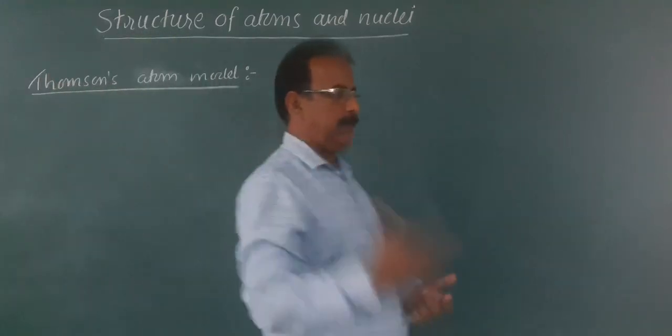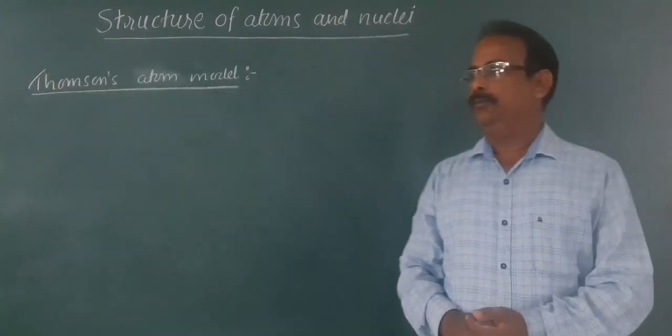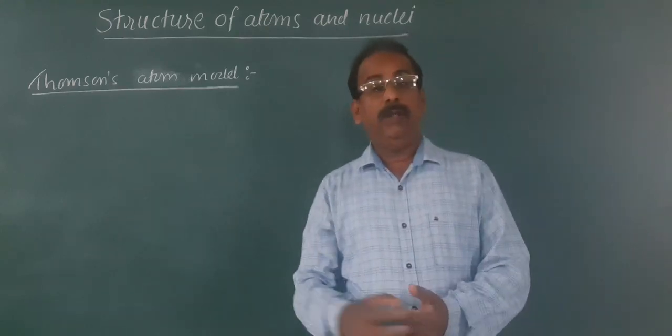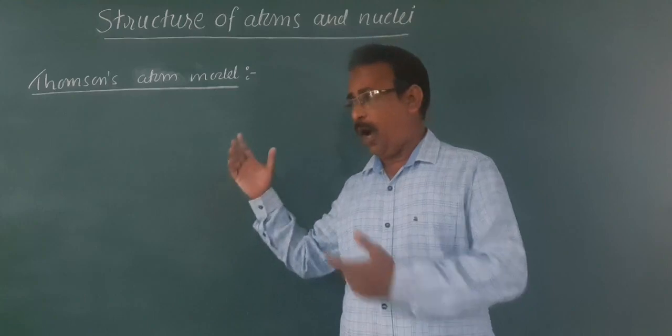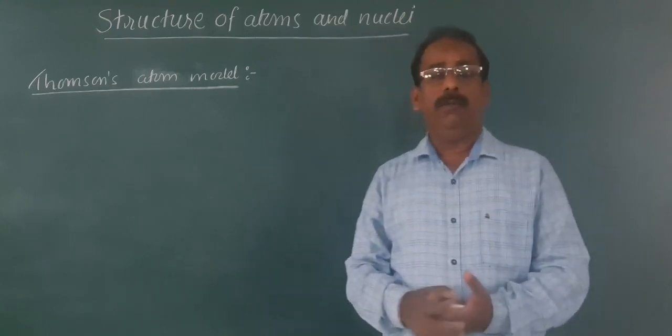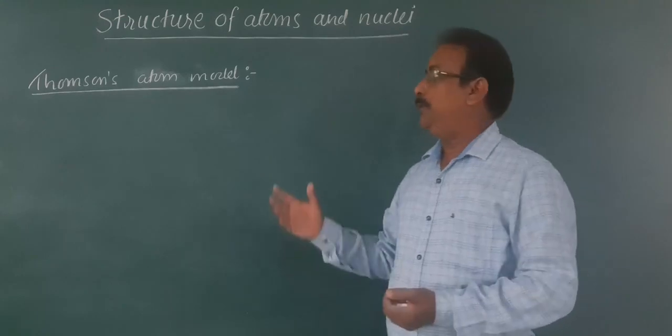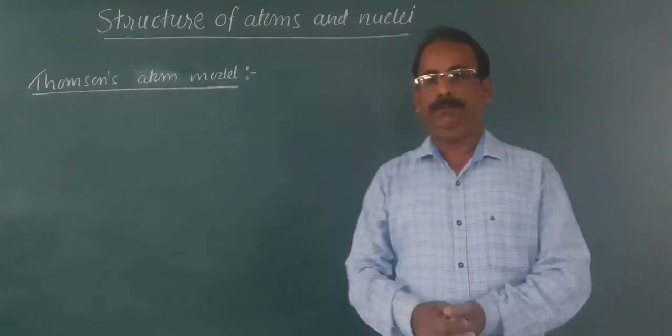Today we have rejected this model. Still, we are going to see how this model is. Why? Because this was the first attempt to explain about the structure of atom.